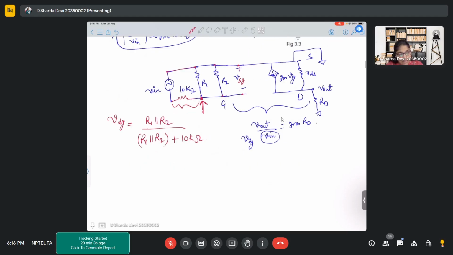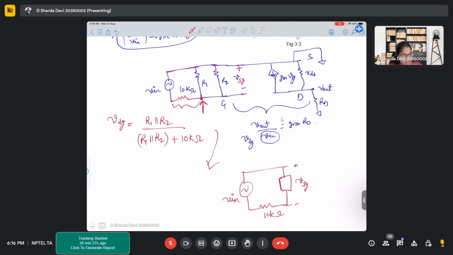So the equivalent circuit that we'll see is Vin, 10K, and the combination resistance of R1 and R2, and the voltage that we are talking about is this VSG, right?